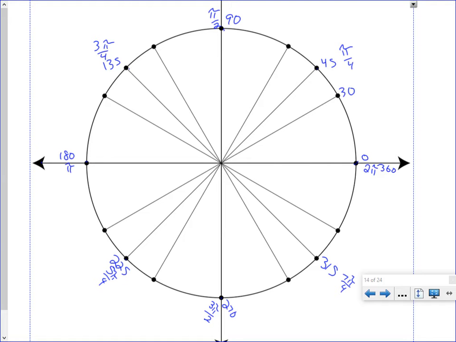And if I count by 30 degrees going all the way around, 30, 60, 90, 120, 150, 180, 210, 240, 270, 300, and 330. Everybody okay with that? I just want to make sure I didn't go too fast on this.